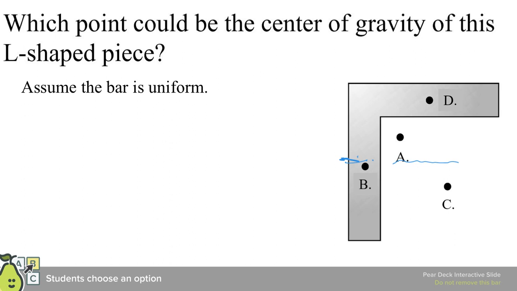And then if we do the same game and we look over at the midpoint of the bar, which is something like here, we still see over here that there's more mass on this side because of this bar than there is on this.